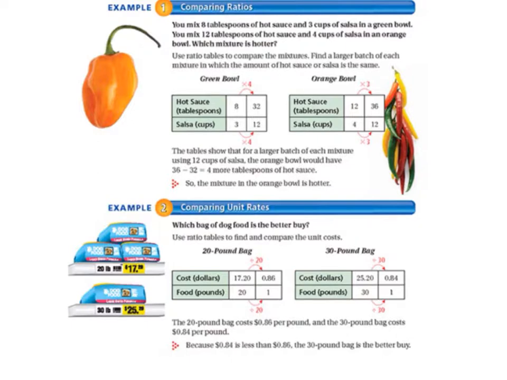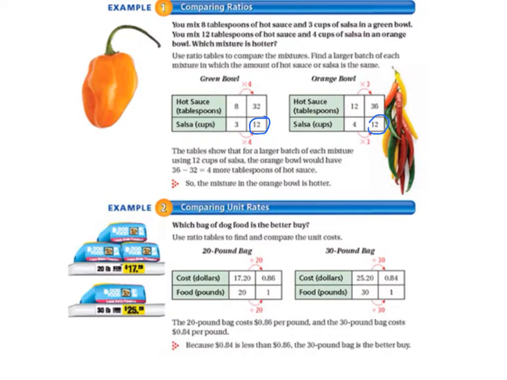And then we look at our orange bowl and we started with 12 tablespoons of hot sauce and 4 cups of salsa, and we multiplied by 3, and that gave us the same 12 cups of salsa that we have in our green bowl. So we're looking for 12 cups of salsa to be equal, but our 36 is different, so that way we can compare the 32 and the 36.